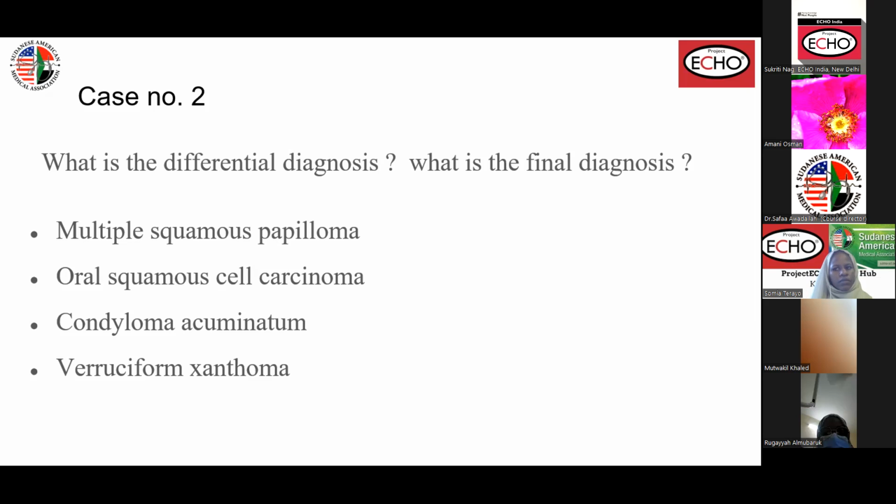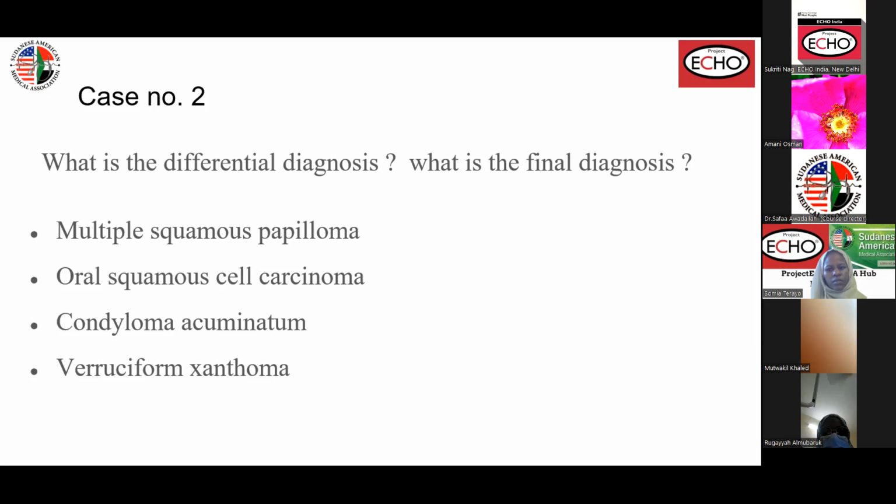If we talk about oral squamous cell carcinoma, it can show exophytic growth, and it can show different types of clinical presentation. It does not have a unique picture, so this makes it also one of the expected conditions. However, it is not seen as multiple lesions all over at the same time.